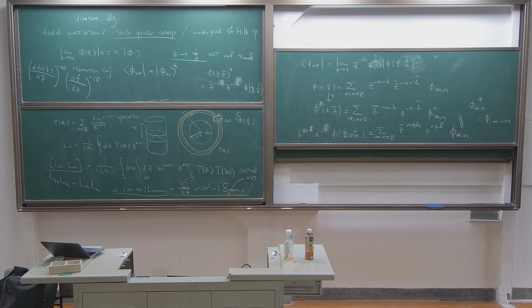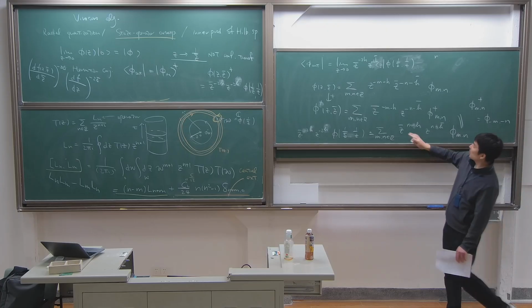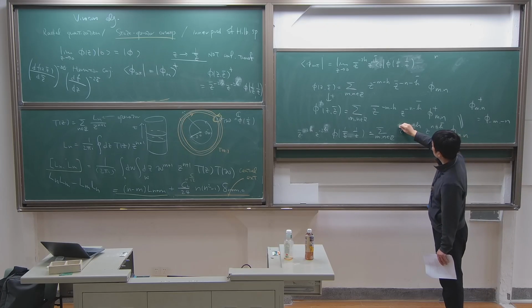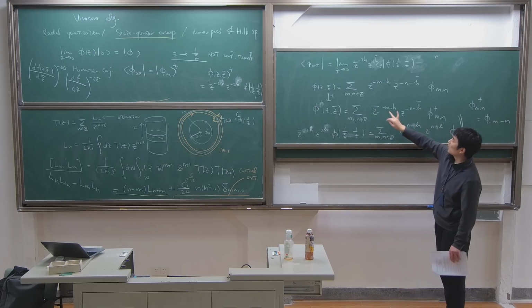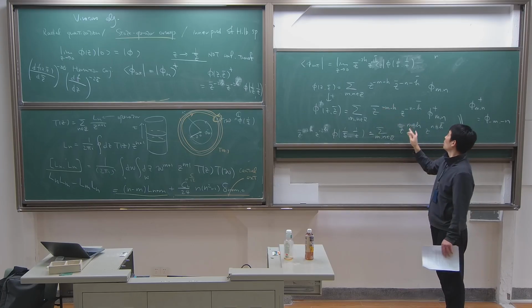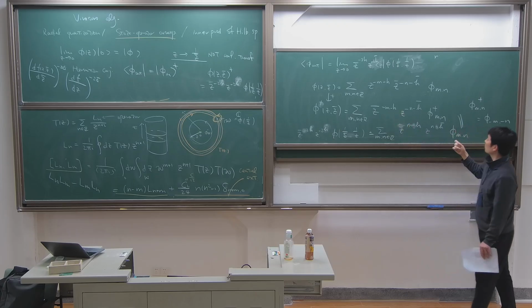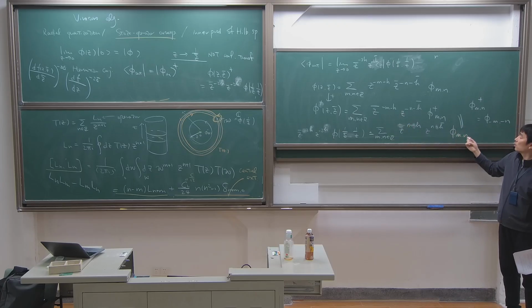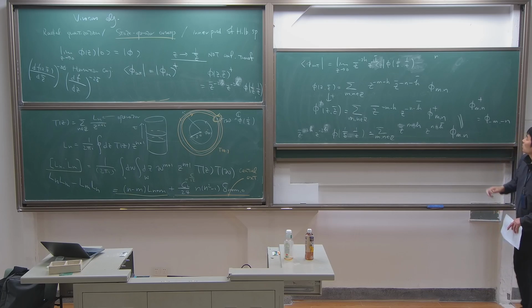Is that okay? Be careful, this is just bar, so there's no minus sign, but here it is a minus sign. Therefore, to go from one to the other, you have to take the negative mode. So this is the Hermitian conjugate at the level of the mode operator.